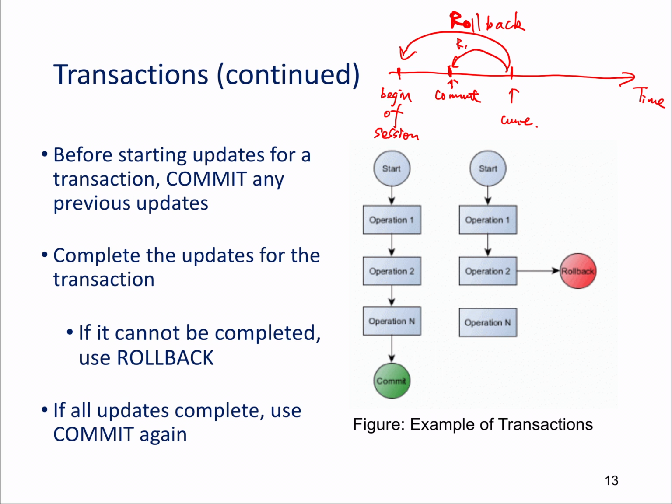If you have a commit somewhere after you log into the session, which is the latest commit you have, and you make a rollback, this will only roll back to your very last commit. Okay, so this is commit and rollback.